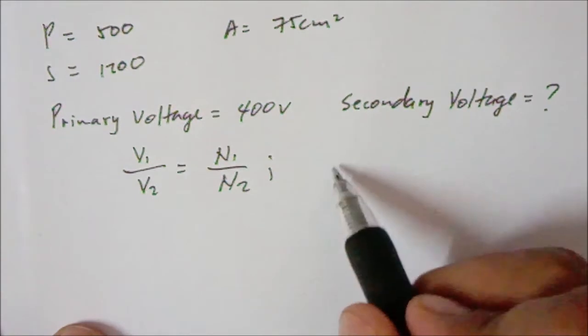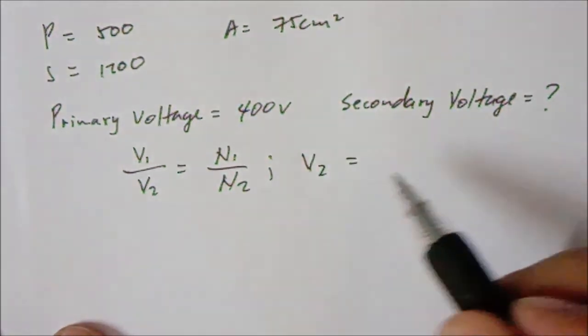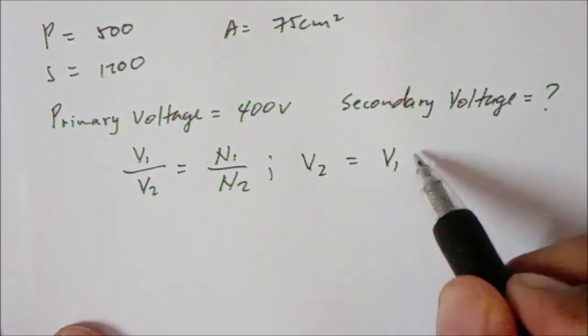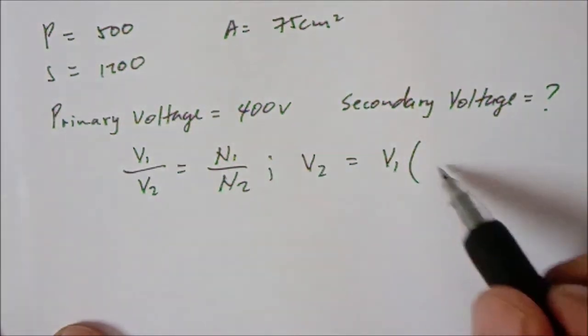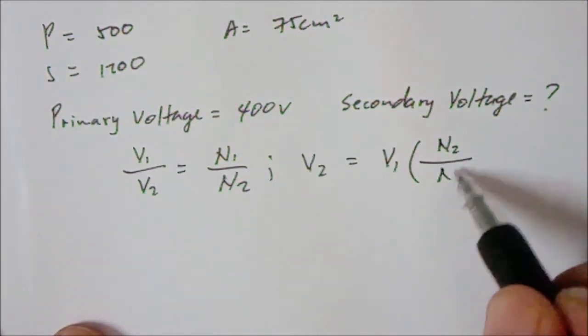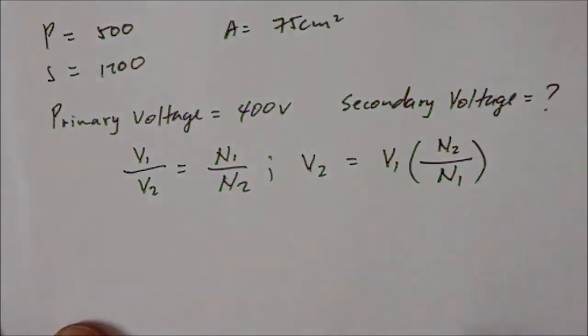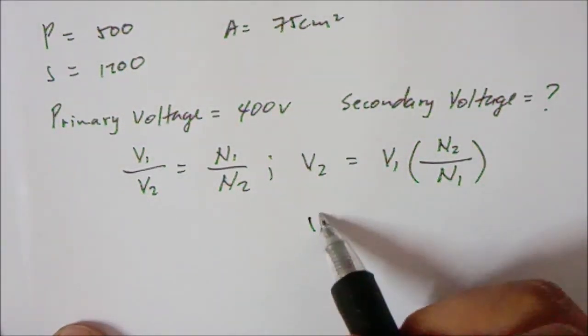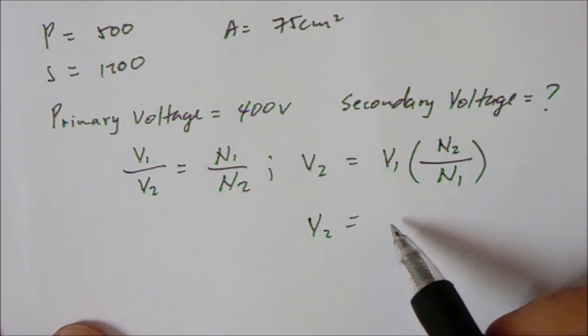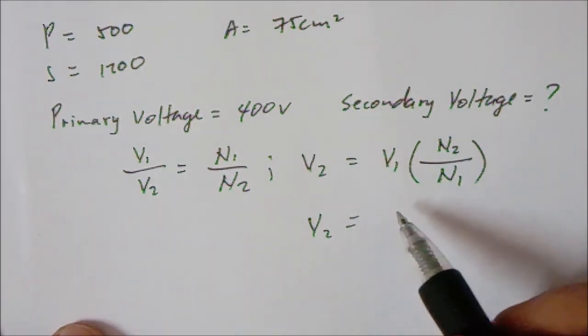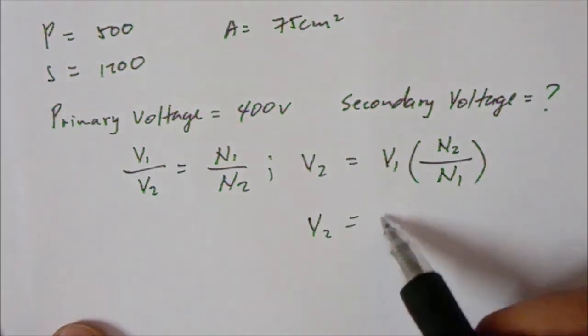So, V2. So, V2 is equivalent to V1 times N2 over N1. Okay. So, makokompute na natin si V2. V2 is equal to V1 is, ano yung V1 natin? 400 volts.